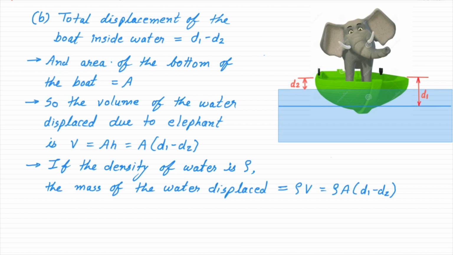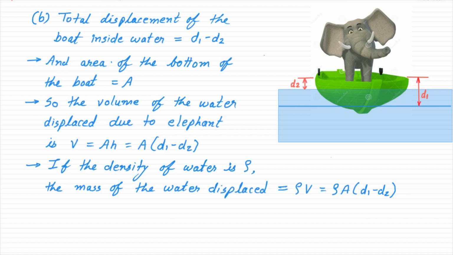Now if the density of water is rho, then the mass of the water displaced by this boat will be density into volume. Mass is equal to density into volume, so rho into V. But V is A into d1 minus d2, so the mass will be rho A (d1 minus d2). Don't forget, this is the mass of the water displaced after the arrival of the elephant. Now as per the principle of flotation, the mass of the object and the mass of the water which is displaced will always be the same.